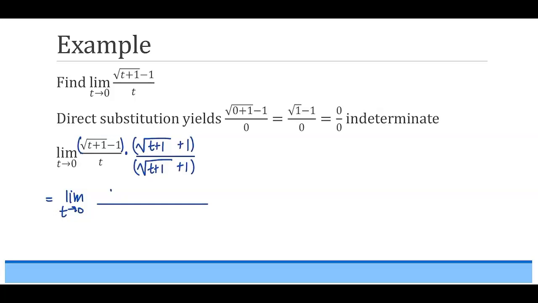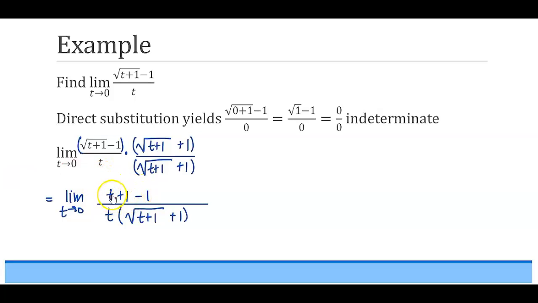In the numerator, I will have a t plus 1, while the outer and the inner are going to cancel when I multiply these binomials together. So last, negative 1 times positive 1 is going to give us negative 1. And now in the denominator, I'm not going to distribute the t in. So I have t times this binomial, the square root of the quantity t plus 1 plus 1.